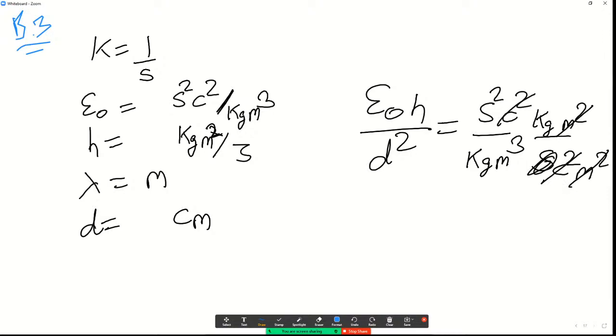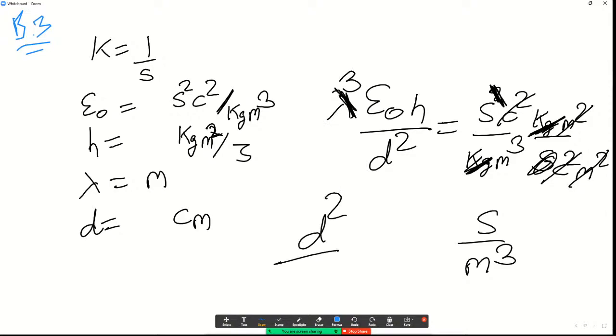Okay, S is not getting cancelled out. Kg is getting cancelled out. We have S over meter cube. Okay, and then K is 1 over time. So we got a lambda cube to cancel out the meter, and we can do whole inverse to get 1 over lambda cube epsilon naught H equals to K.